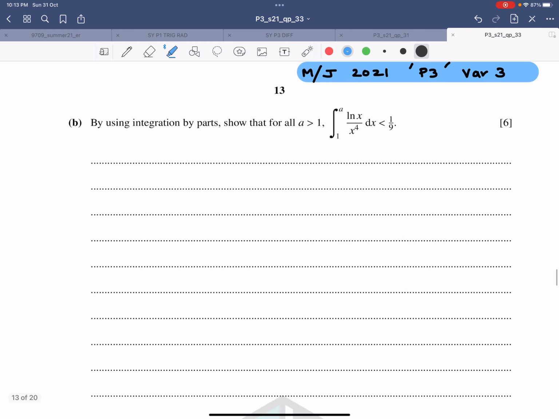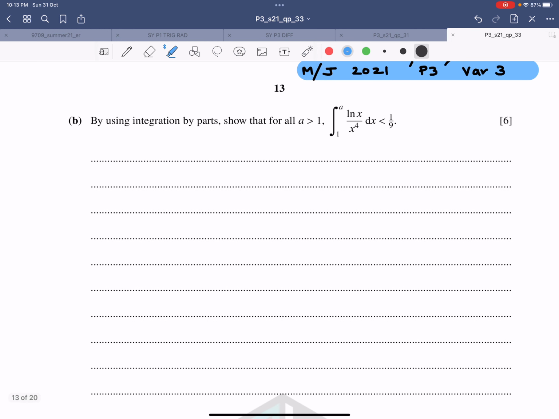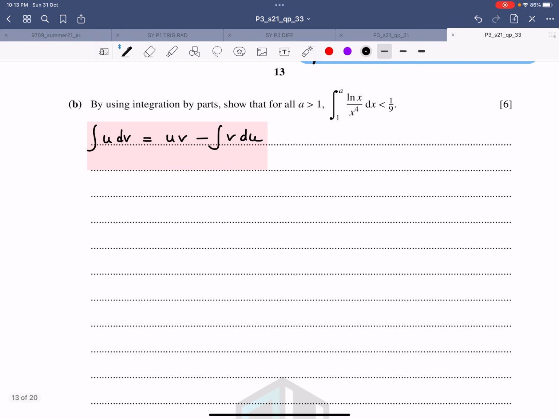Now let's move to the second part. Now it's asking us to use integration by parts. Another box to write the formula for integration by parts, which is of course written in the formula booklet. That is integral of u dv equals u v minus integral v du. It has to be a product of two functions.